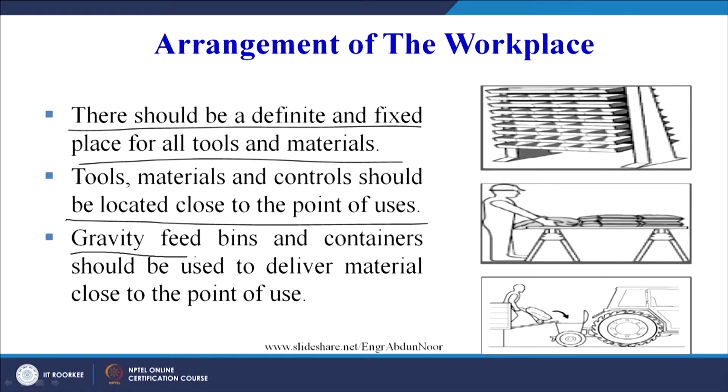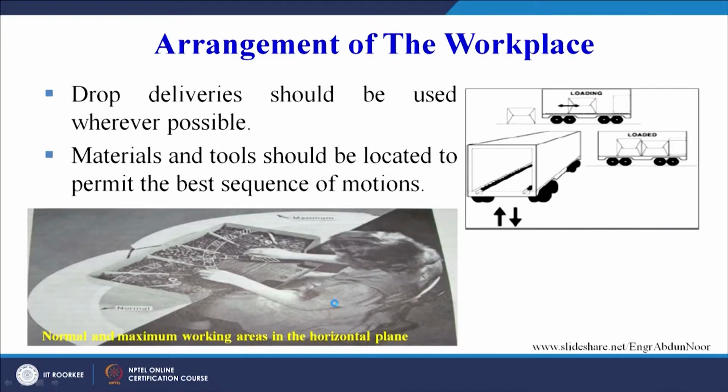Gravity feed bins and containers should be used to deliver the material close to the point of use. So we may not require mechanized conveyors. Wherever possible, gravity feed bins can be used. Drop deliveries should be used wherever possible. Simple example can be if you go to a shoe store where the additional shoes are stored on the first floor. More normally you may have experienced that there is a person sitting on the first floor and there is an open window.